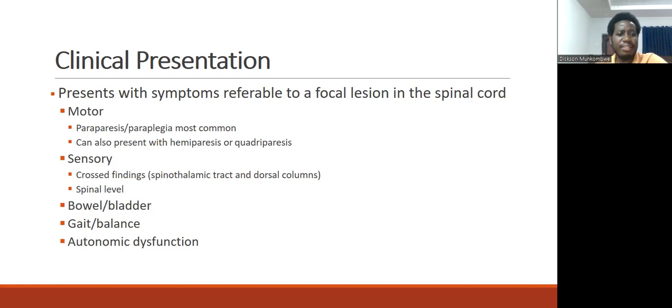The sensory findings are usually crossed findings, crossed with respect to the spinothalamic and dorsal column distribution, and there's often a spinal sensory level. Then often, but not always, you could have bladder and bowel dysfunction. Often, and not always, gait and balance abnormalities are also noted. And of course, autonomic dysfunction is also a feature which is suggestive of spinal cord involvement.